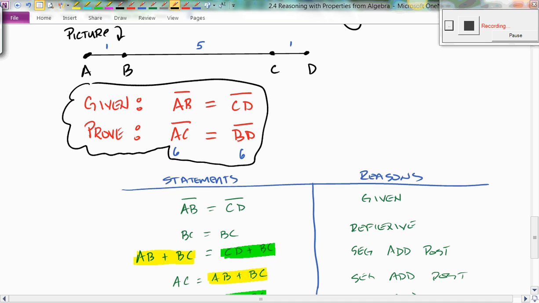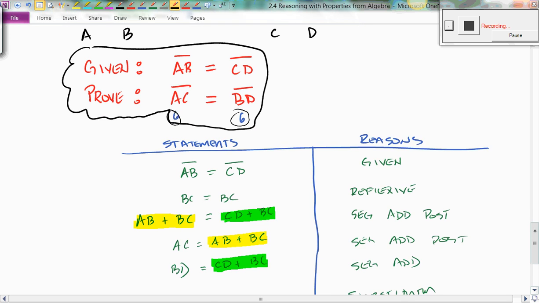So first we said, let's let AB equal 1, and then let's let BC equal 5. So we tested: AB is 1, BC is 5, so add them together, you get 6. Is that the same thing as from B to D? So 1 and 5 again is 6. So it seems like this should be true, so we should be able to prove it.